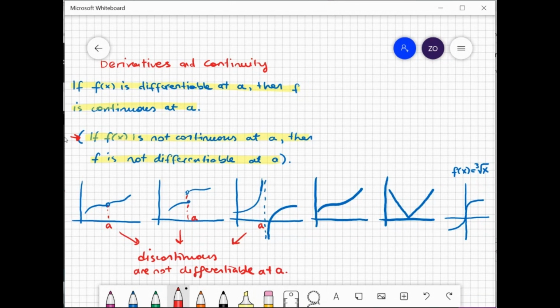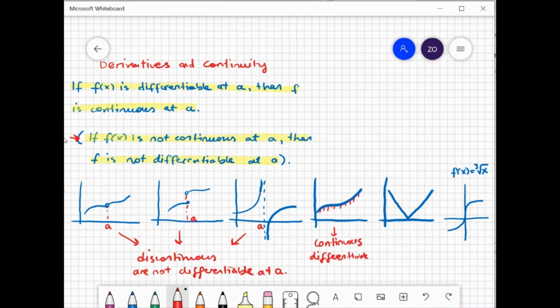Okay, let's look at the fourth graph. This is continuous, right? I didn't ask you, but I believe you would say so. And this is differentiable at all these points. We can find the derivative. Differentiable means it has a derivative, right? Differentiable at A means that the derivative exists, and that's how we usually use it.